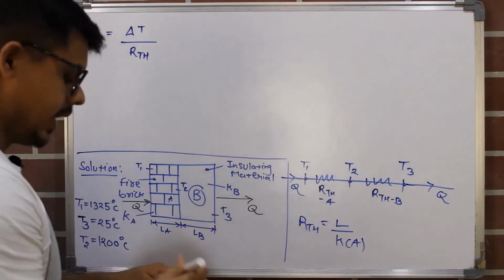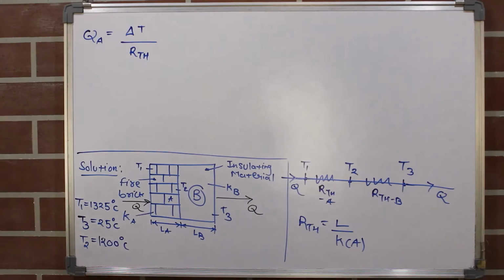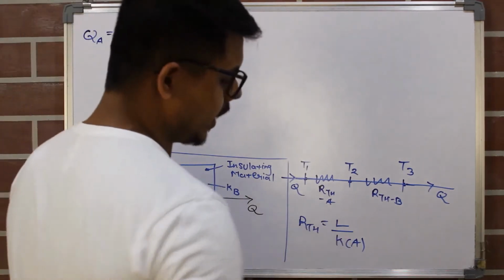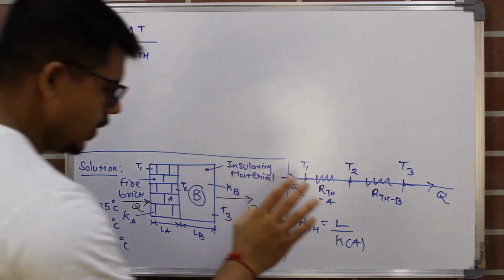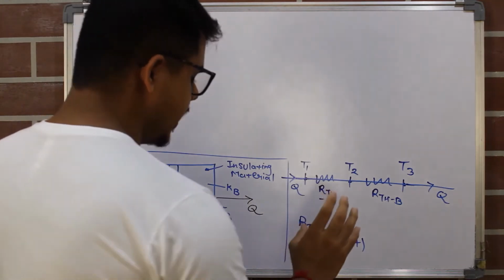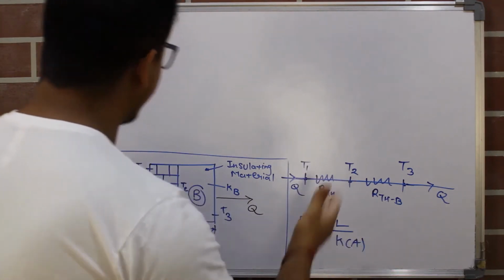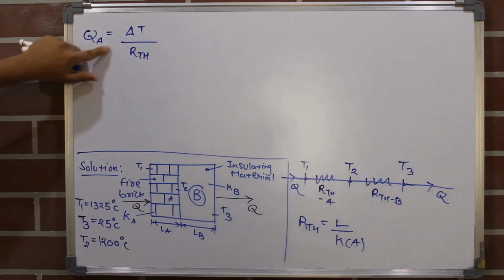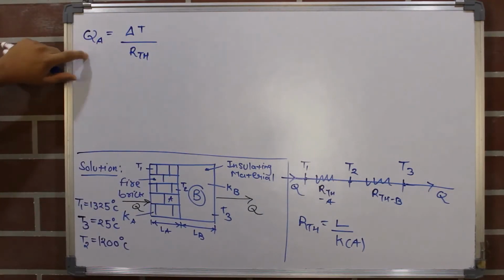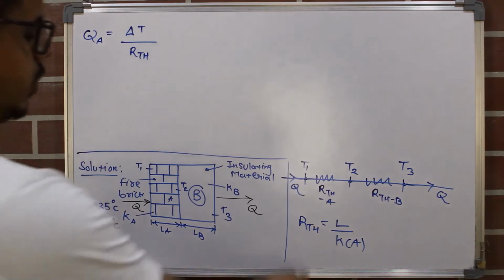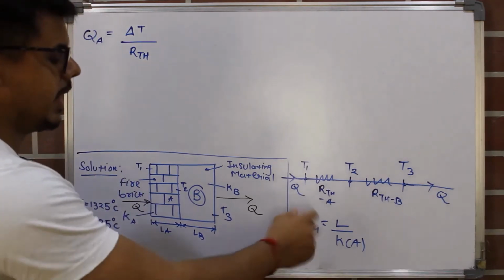Okay. Now one more thing. Here the area is not given. So just remember, whenever the area is not given, we have to take the area in the denominator of Q. I will show how. What is the formula of RTH? It is L by KA.